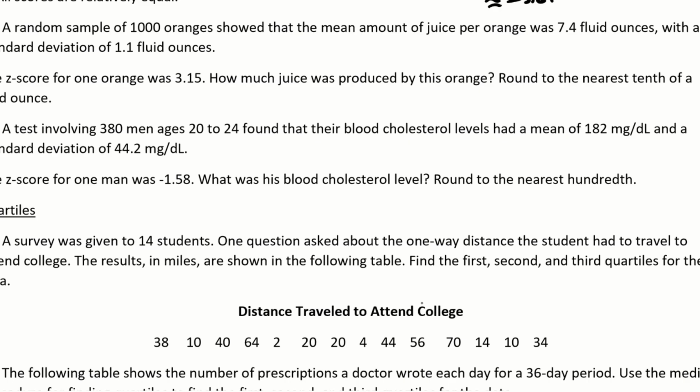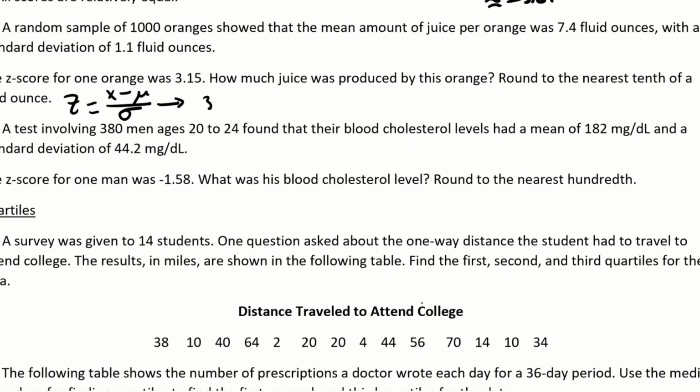Okay, so we know the z-score formula, right? It's value minus mean divided by standard deviation. Now they tell us the z-score is 3.15.